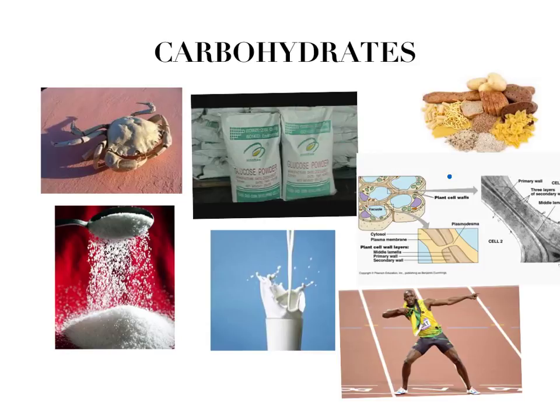Over here we have a picture of plant cells, and particularly I'm looking at the plant cell walls. Here we have my favorite athlete, Usain Bolt, great Jamaican. He's pretty muscular and he needs lots of energy for running. We have milk, and we have good old table sugar over here, white table sugar. So we're going to talk about these different kinds of carbohydrates that are related to all these substances that you see here.